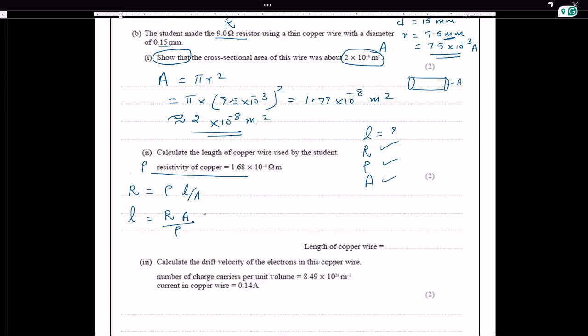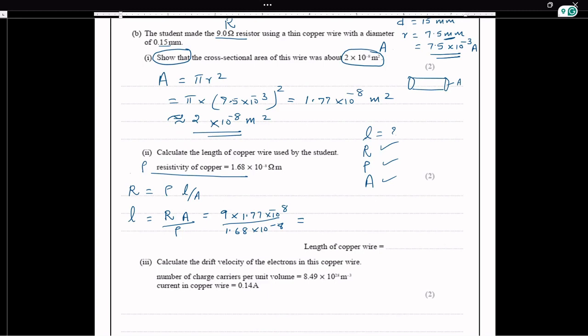So on substitution and calculation, the resistance is 9, it is given in the first part, and the area we got as 1.77 times 10 to the power of minus 8 over the resistivity, which is 1.68 times 10 to the power of negative 8. It is given as negative 8.